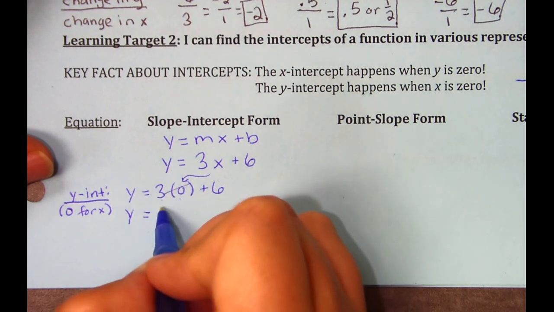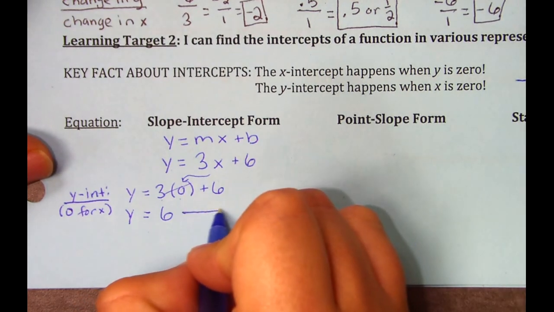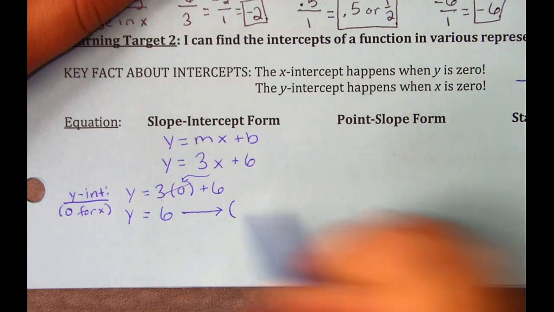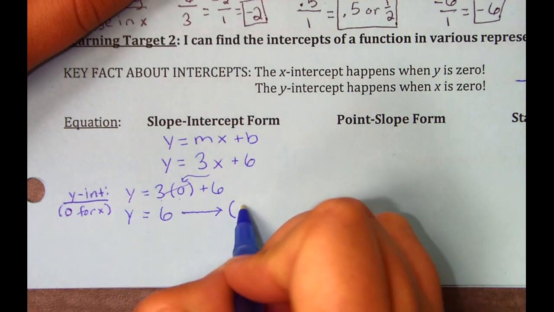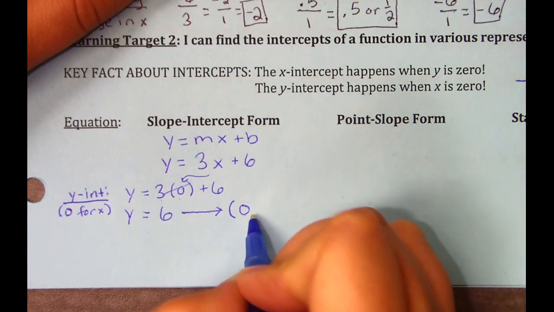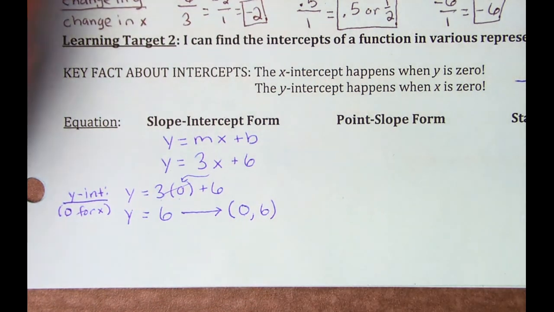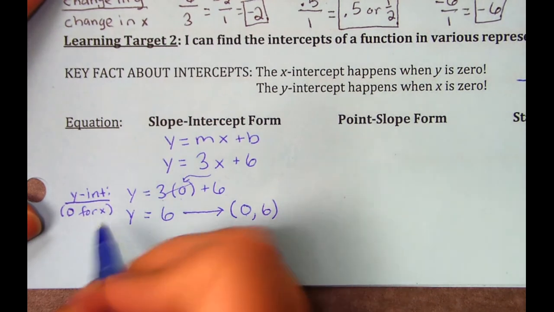So that would cross out, and I would get y equals 6. This means that my y-intercept happens when y is 6. So if I write my answer, I'm always going to write the intercept as an ordered pair. So I put 0 in for x, that's my x-coordinate, and then 6 is the y-coordinate. So the y-intercept happens at (0, 6).